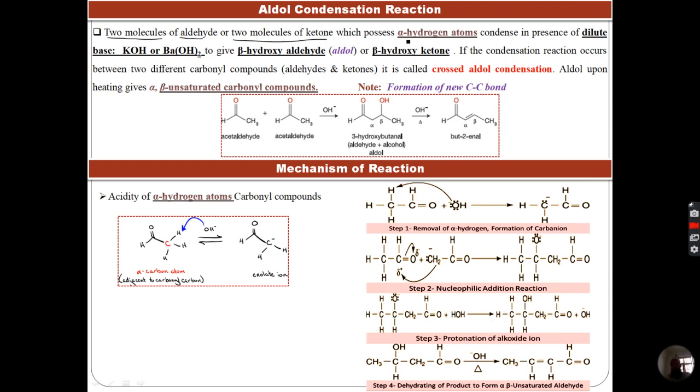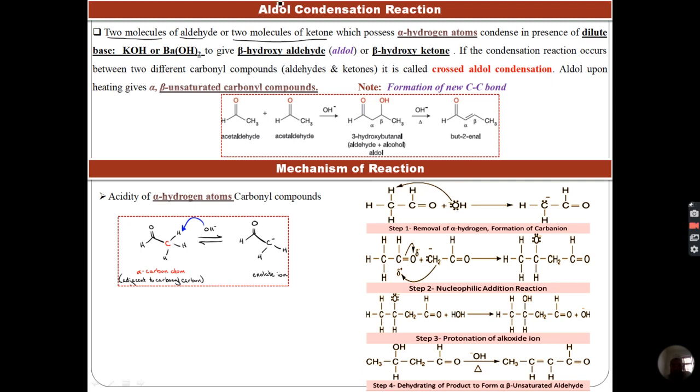Now this is a very important thing. It is not that all aldehyde molecules and all ketone molecules will undergo the aldol condensation. No, only those aldehyde and ketone molecules which possess alpha hydrogen.